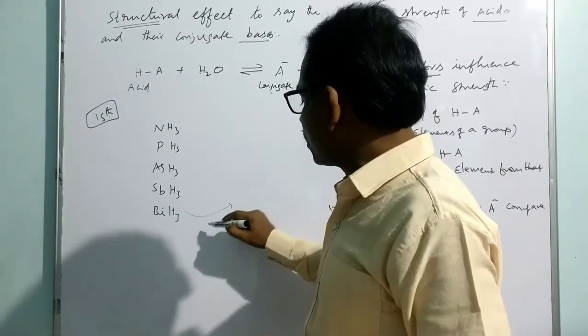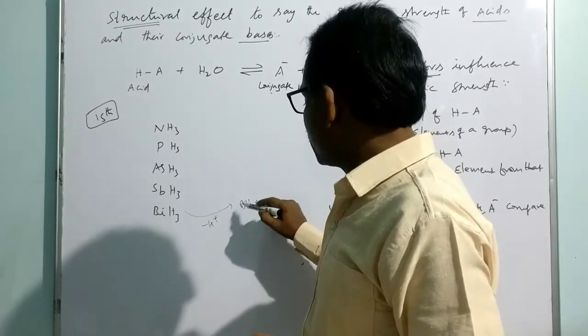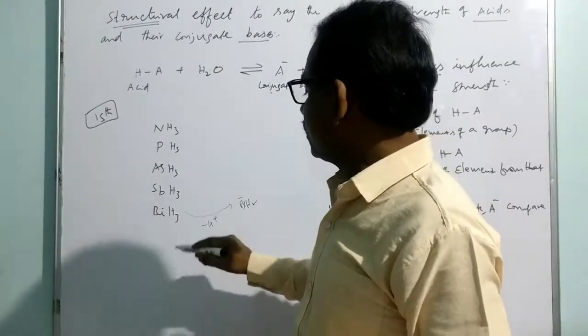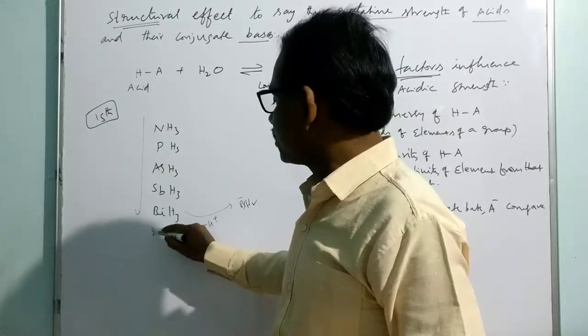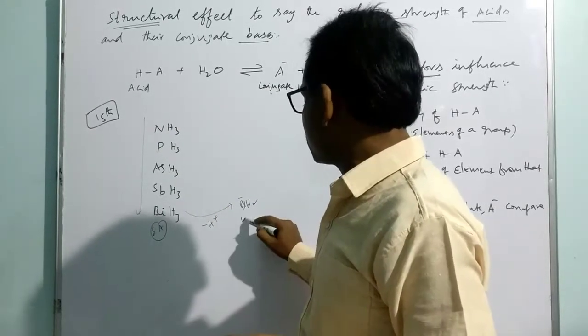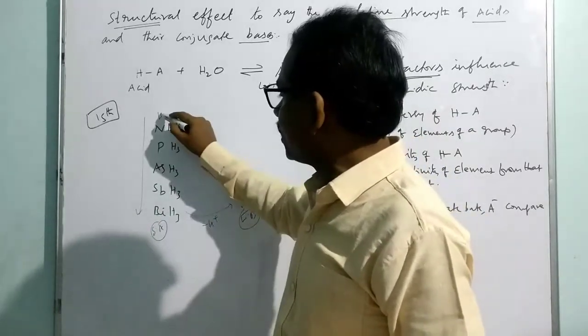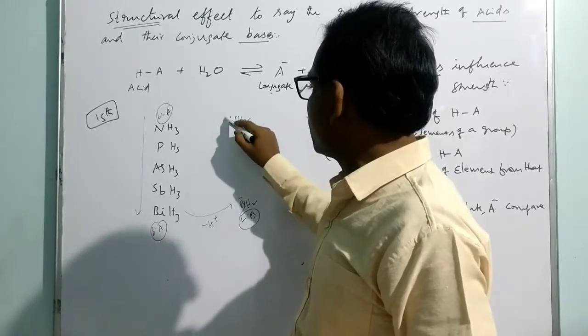This can eject the proton easily and gives rise to its conjugate, BiH2 minus. Okay, so from this the acid strength increases. Otherwise this is a stronger acid and this is a weak base. In this case this is a relatively weaker acid and its conjugate base is what? NH2 minus.